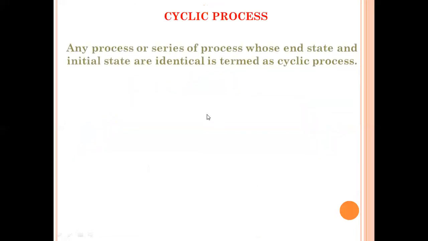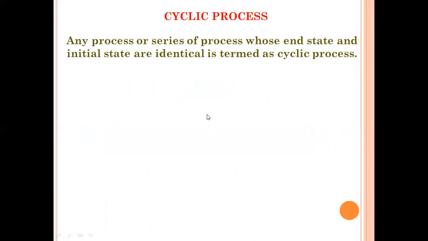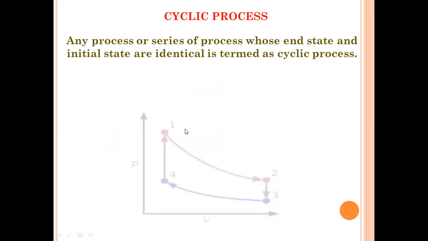And the last is the cyclic process. Any process or series of processes whose end state and initial state are identical is termed a cyclic process. When a system undergoes a number of processes and, during the transformation, the system regains its original state, that process is called a cyclic process.